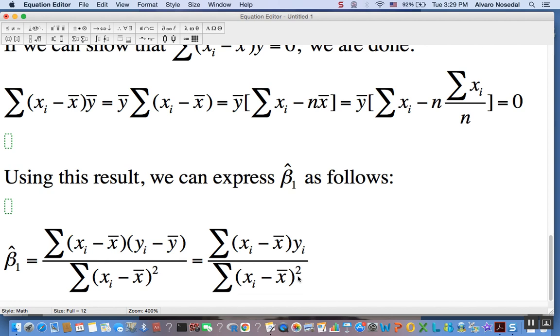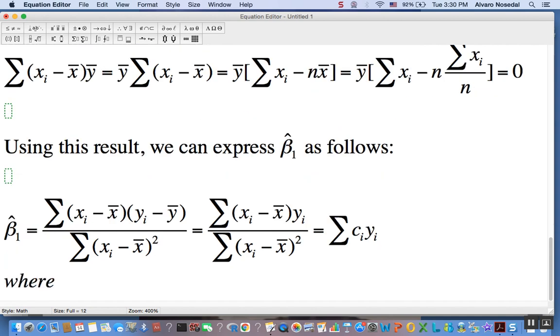If we define that as our coefficient, then we have beta 1 hat is the sum of ci's times yi. Let me write it down. We claim that we're expressing, thanks to this, beta 1 hat as a linear combination of yi's.